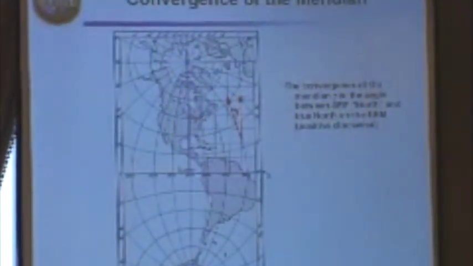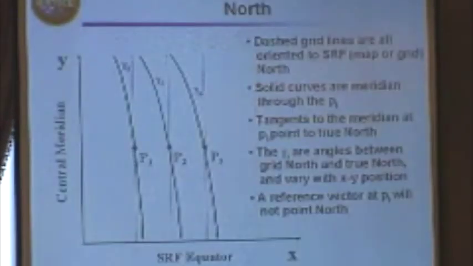You saw this picture for transverse Mercator, in which if you're at this spot, grid north goes that way, but true north is tangent to this curve here, so it's going that way. And that angle is gamma, called the convergence of the meridian.